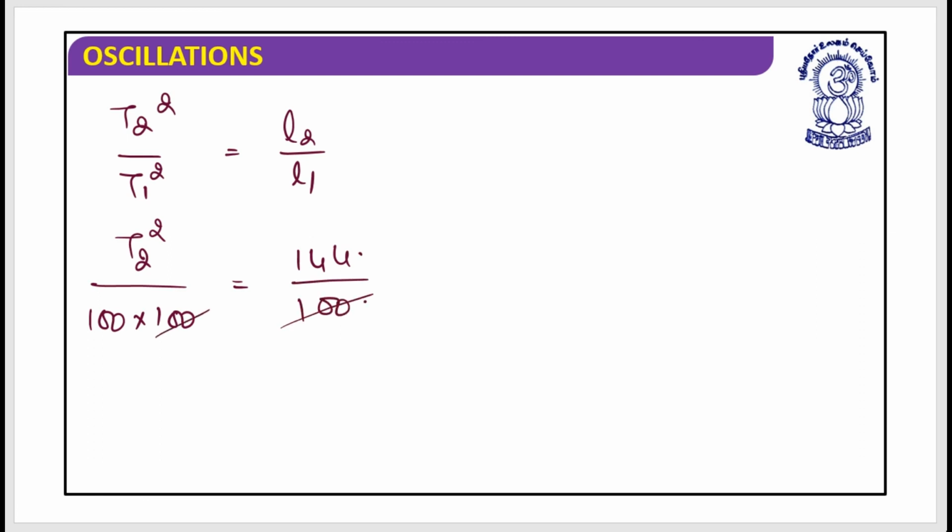So T2 square should equal 144 into 100, so T2 equals 12 into 10, which is 120.